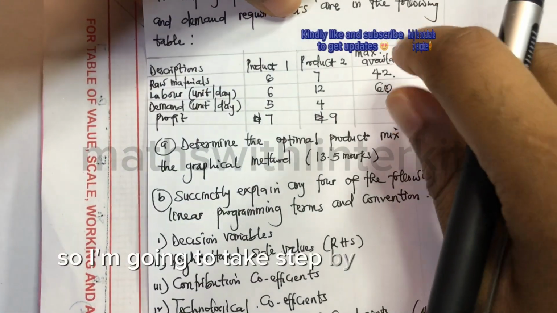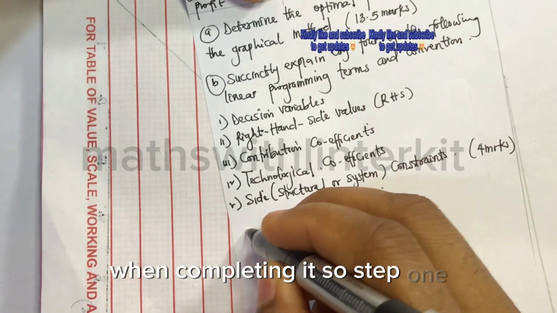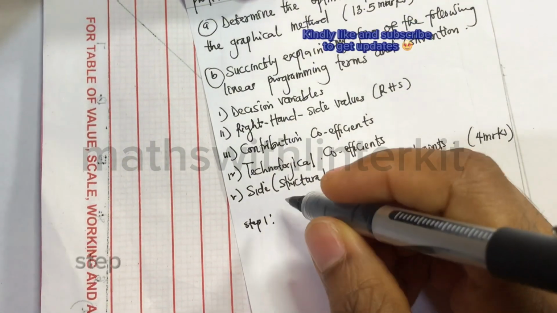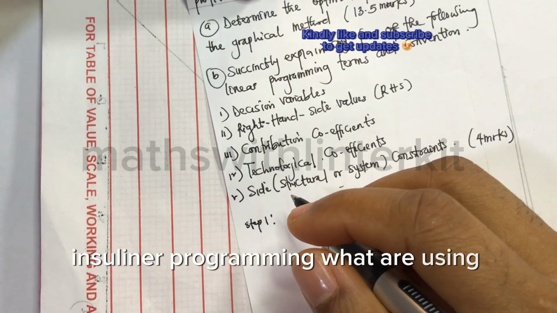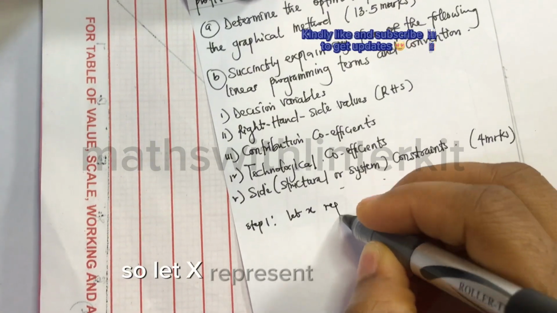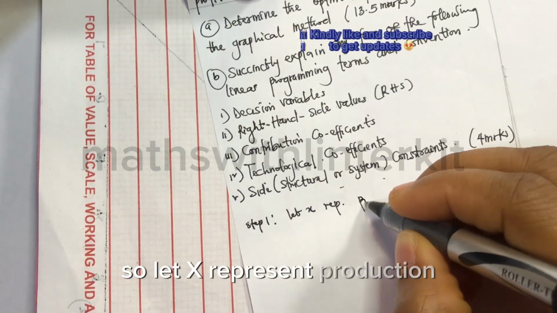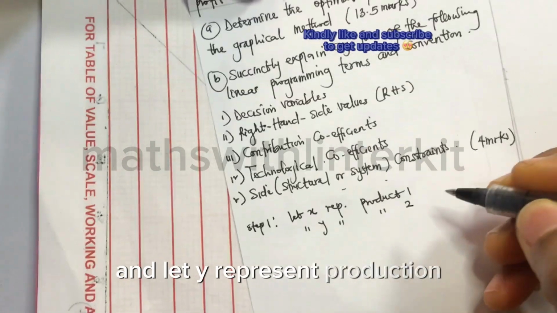So I'm going to take you step by step on what to do when computing it. So step one shall be to formulate the above problem into a linear programming model using inequalities. So let X represent product 1 and let Y represent product 2.